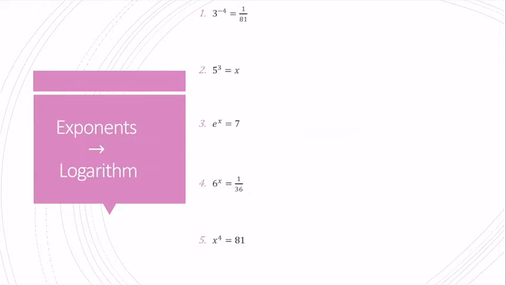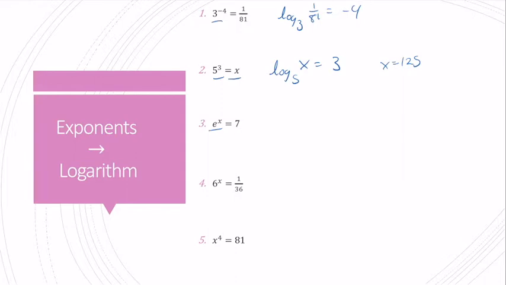Now I want us to write these exponents as logarithms. So if I have 3 to the negative 4, that means that log base 3 of 1/81st is negative 4. If I have 5 cubed equals x, that means log base 5 of x equals 3. You could even solve for x then, right? 5 cubed is 125.